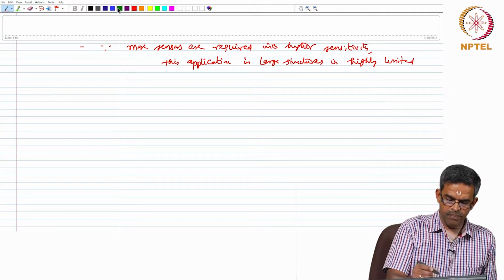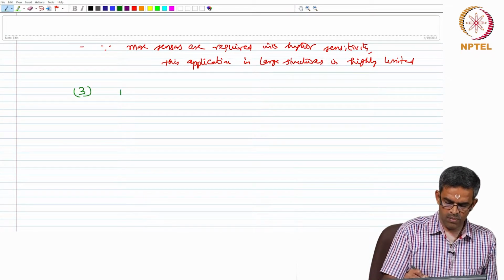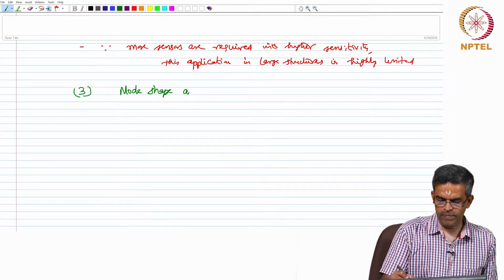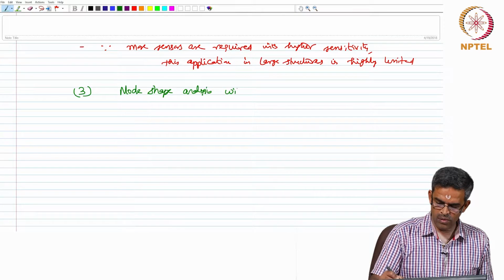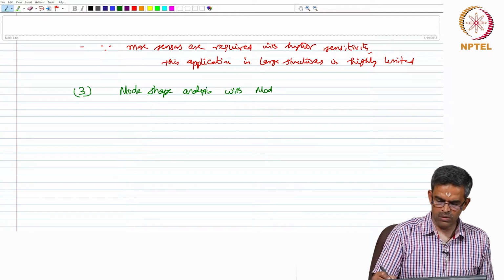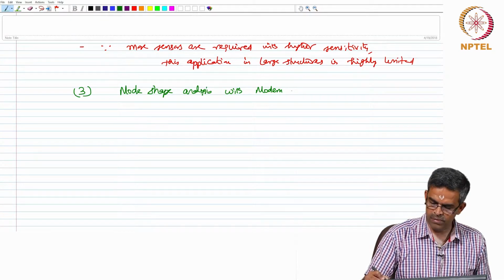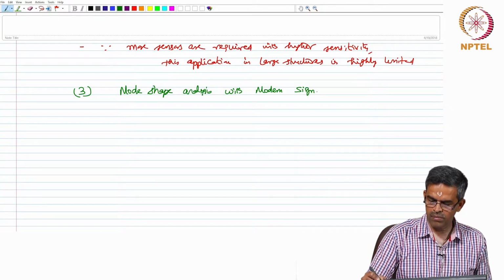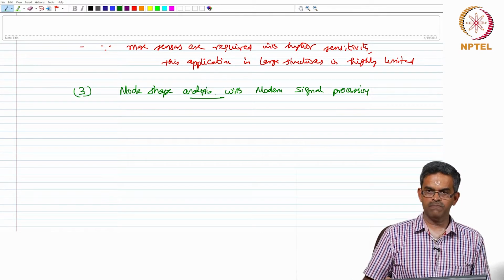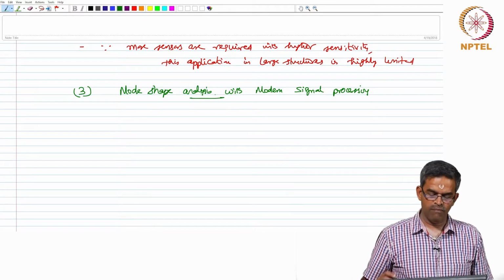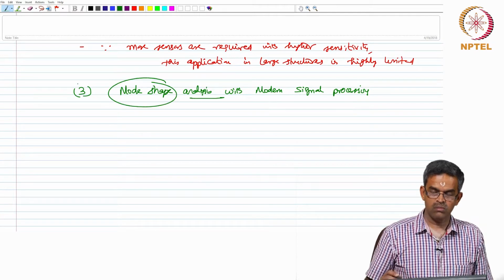Alternatively, people use mode shape analysis with modern signal processing. Let us discuss this specific method for damage detection, which also principally uses mode shape.